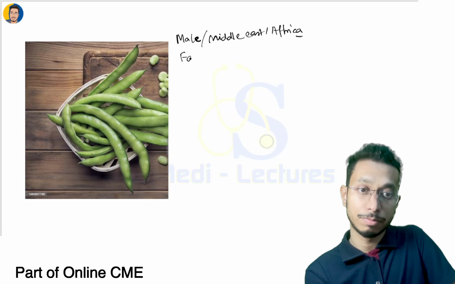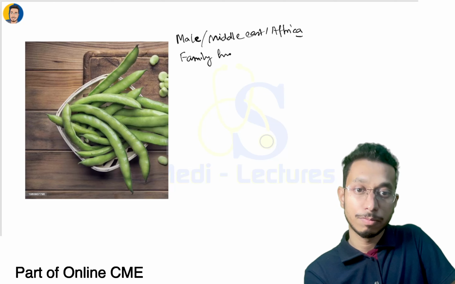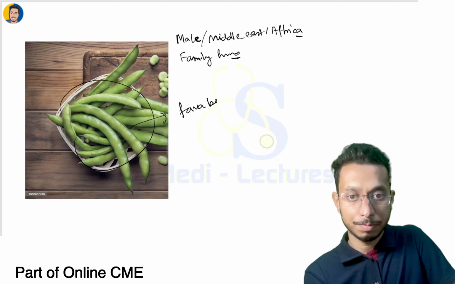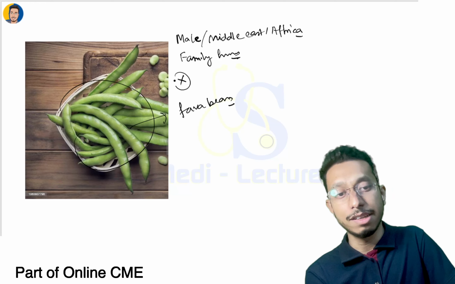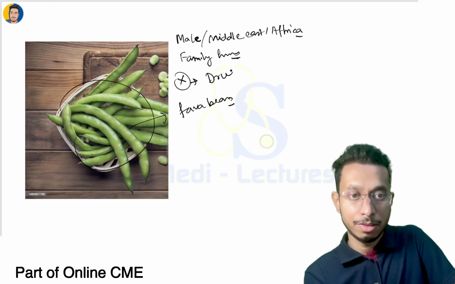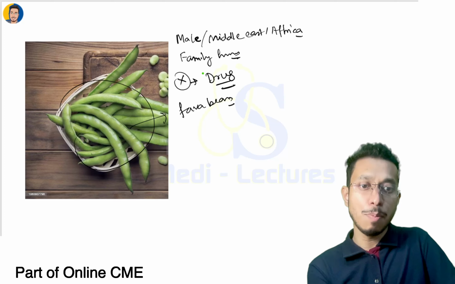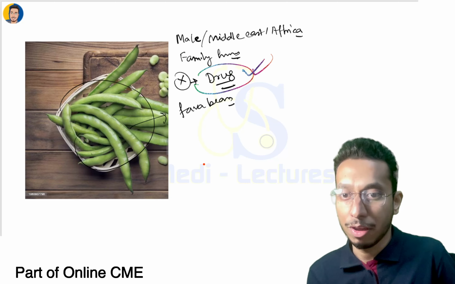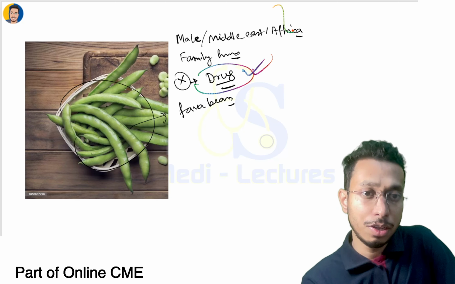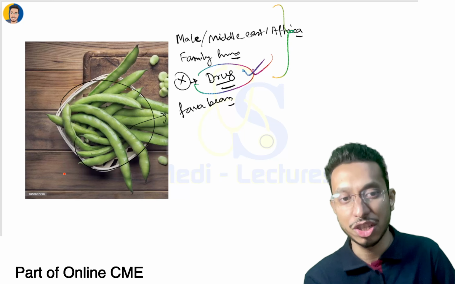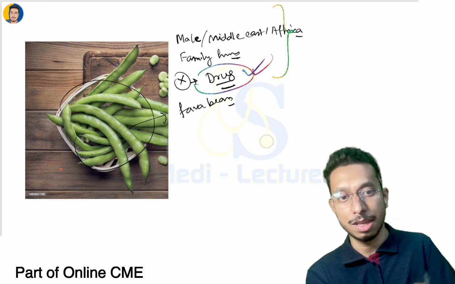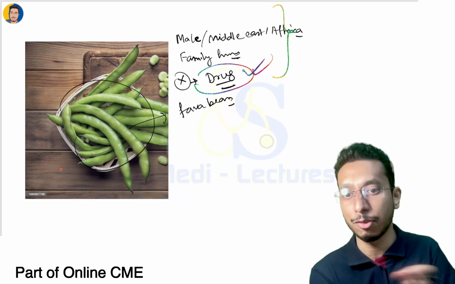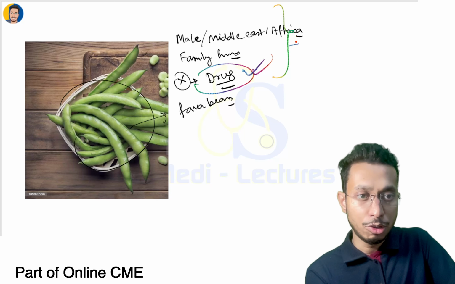A reaction after taking fava beans or a reaction after taking some trigger, mostly drugs. For our population and for all practicality, drugs are the most important part we need to consider. Once you suspect it based on the history, like male members having a similar family history of reaction with drugs or after fava beans, or someone coming from the Middle East or African region, you need to go for a G6PD test.